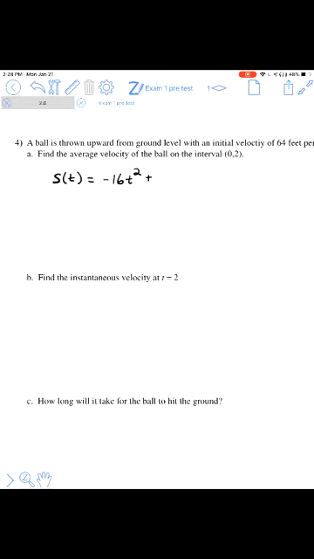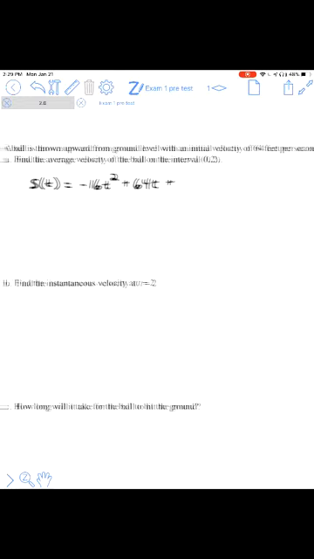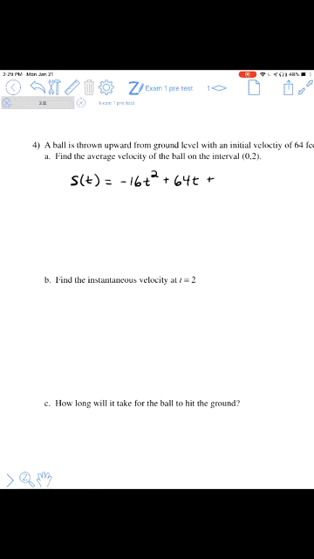And then you add the initial velocity, 64 feet per second. And lastly, you add the initial height. But it says here the ball was thrown from ground level, so the initial height is 0. And don't really need to add 0 to the end of that. So there's the position function.